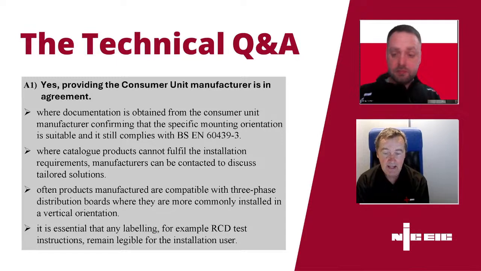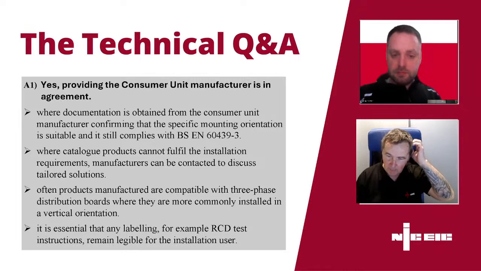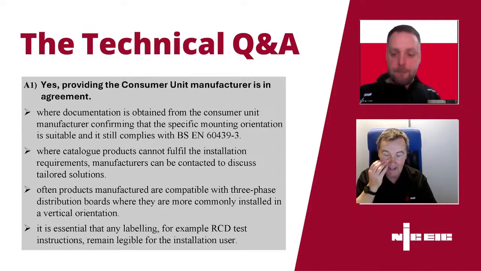So it's not as strange a method as it seems at first, when you think that normally the protective devices are mounted on vertical DIN rails in a three-phase board and horizontal DIN rails in a distribution board.